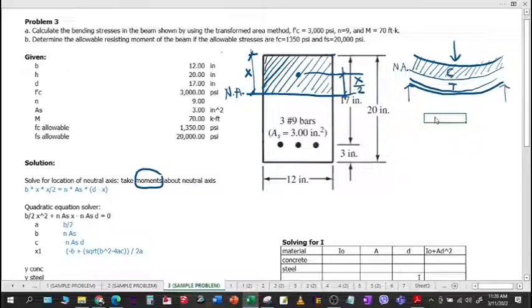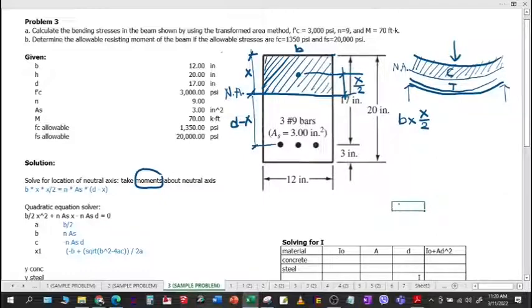And for steel, this one is D. So let's say D minus this value here, which is x. So D minus x. So to take moments about the neutral axis, first we account for the area. Area is B times x. Okay, this is B and this is x. And then multiply by the moment arm, which is x over 2.